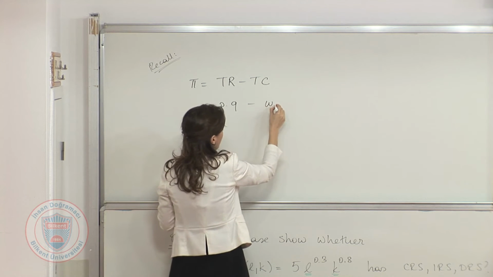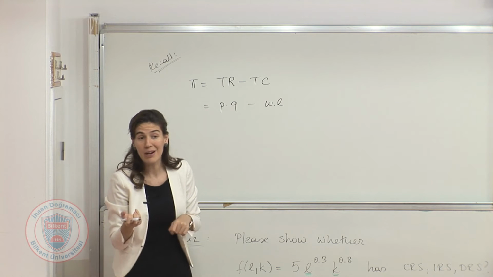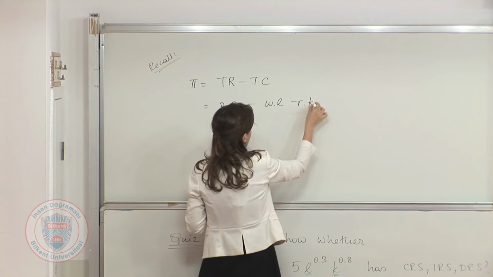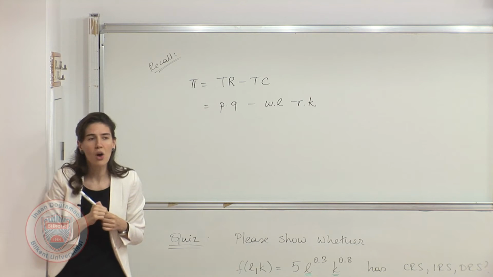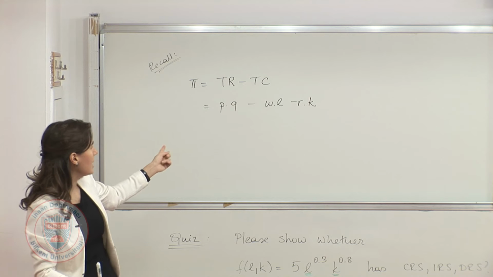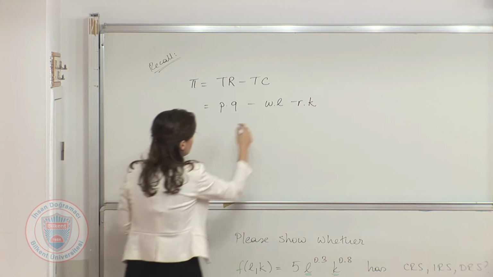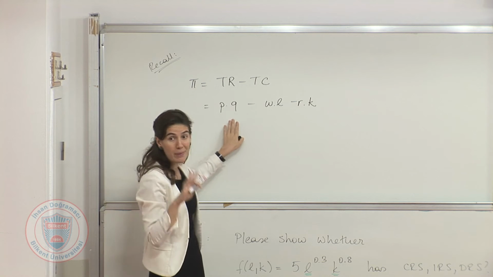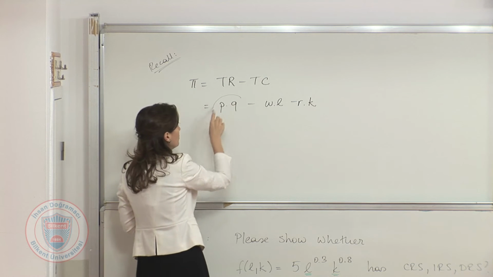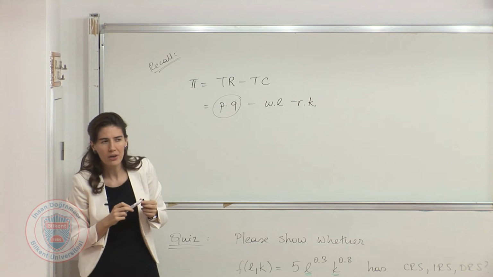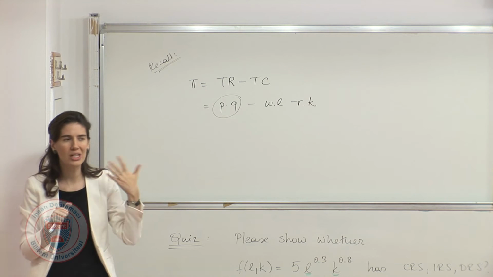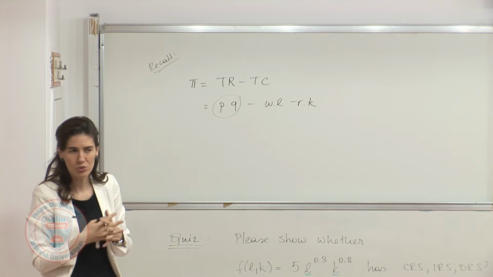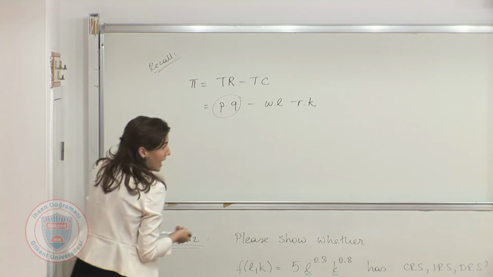If they're using only labor and capital, it's wage times L minus R times K, right? So this is sort of the total cost. And then we said that, for the time being, we are not going to deal with this portion, because how the firm actually decides on the quantity, how much they would like to produce or sell.